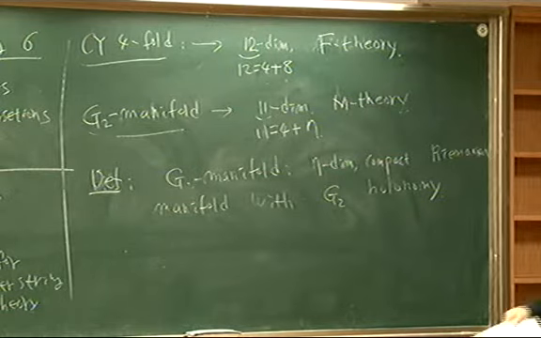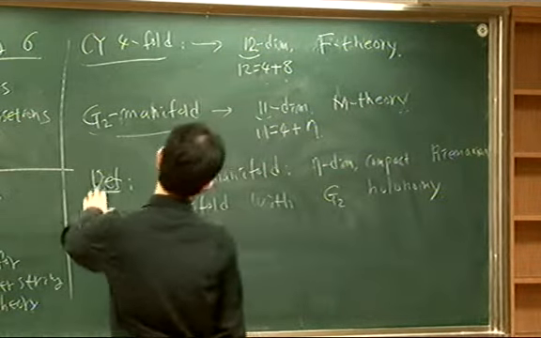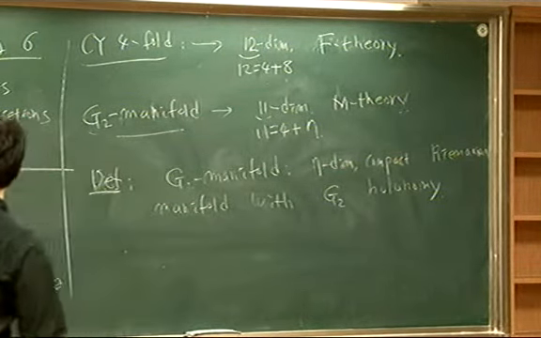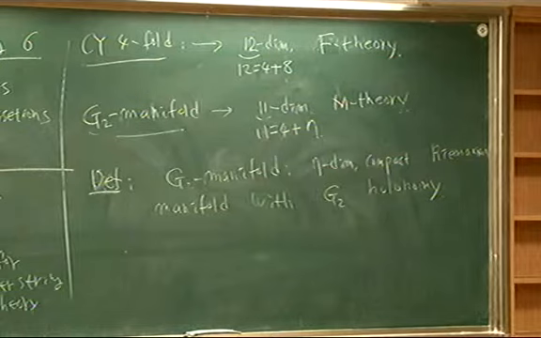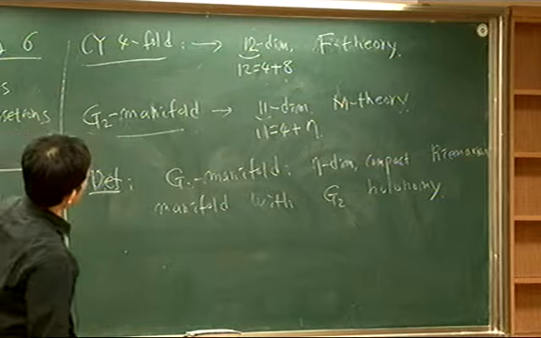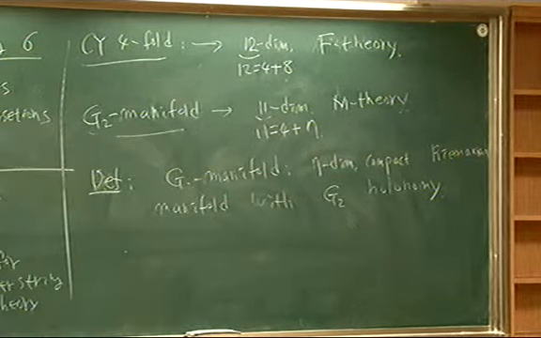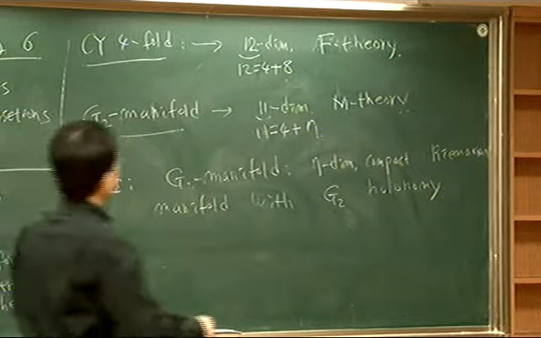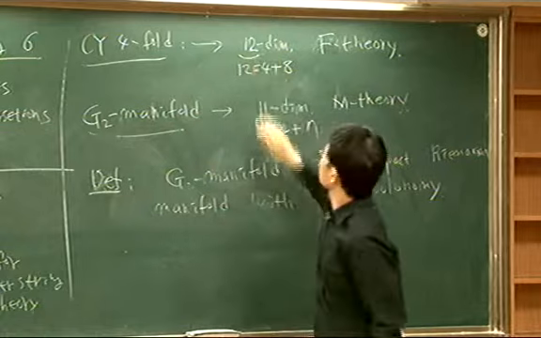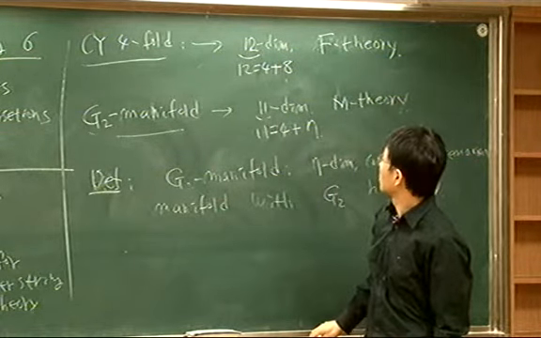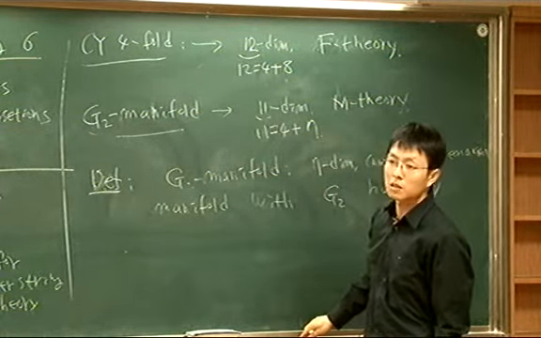So in mathematics, the G2 manifold and the Calabi-Yau threefold are totally different. This is a complex manifold and this is just a real manifold, and the holonomy is very different. But in physics, the physicists claim that this higher dimensional theory should somehow contain the lower dimensional theory.